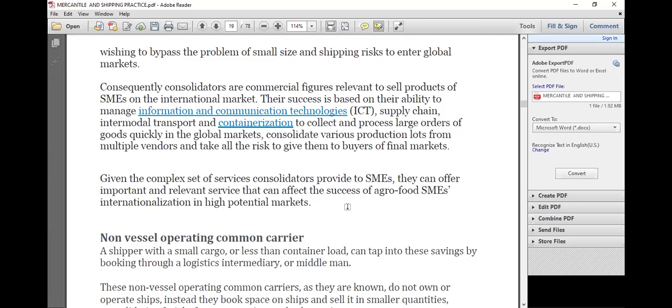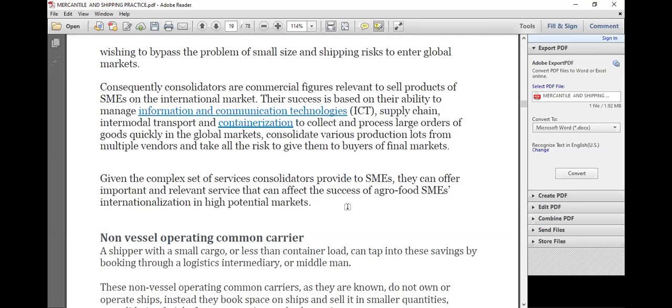Okay, so the success of these people is based on their ability to manage ICT, supply chain, intermodal transport, and containerization to collect and process large orders of goods quickly in the global market, and also to consolidate various production lots from multiple vendors and take all the risk to give them to the final market buyers.